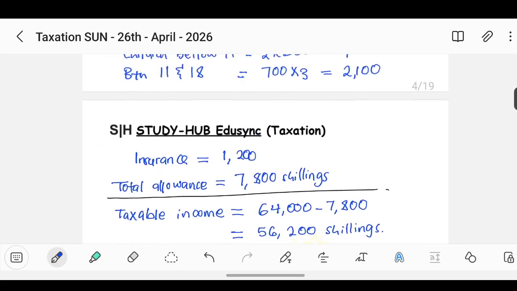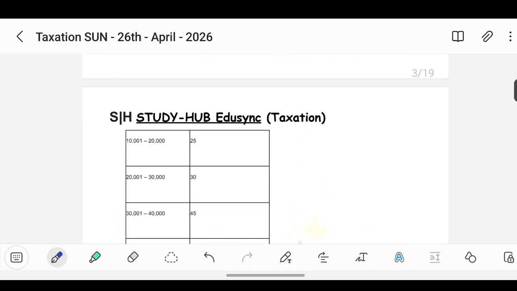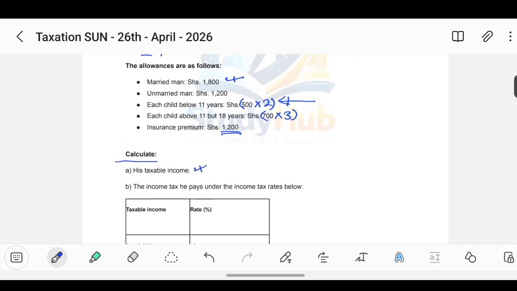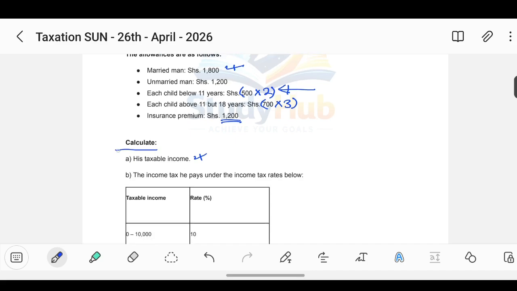Then our next question is calculate his income tax, or the income tax he pays under the income tax rates below.